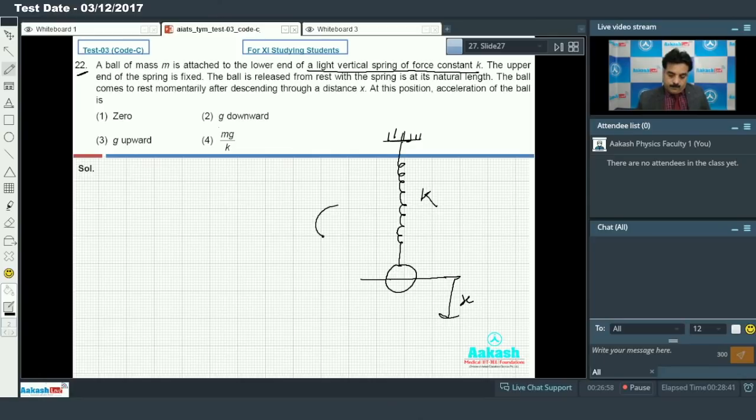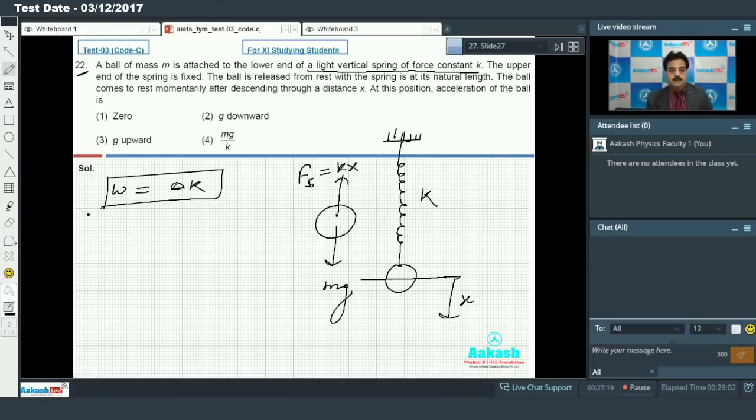So if I go for the free body diagram of the ball, force mg will act and the force applied by the spring is kx in this direction. So now I am going to use the work energy theorem. According to this, work done is equal to change in kinetic energy.